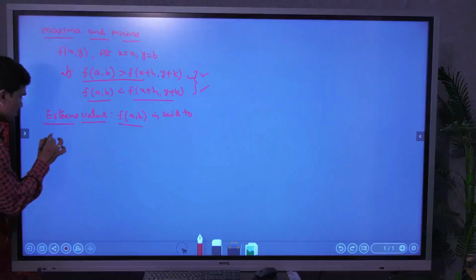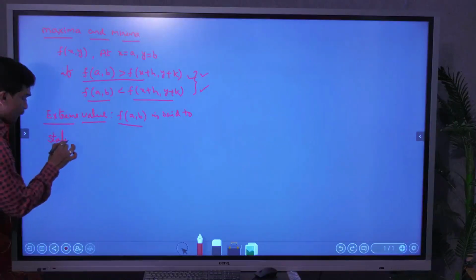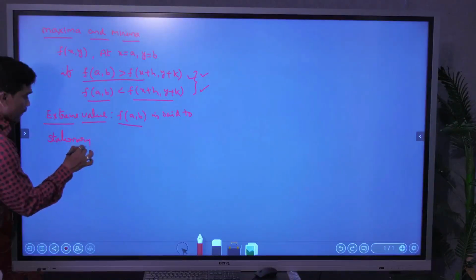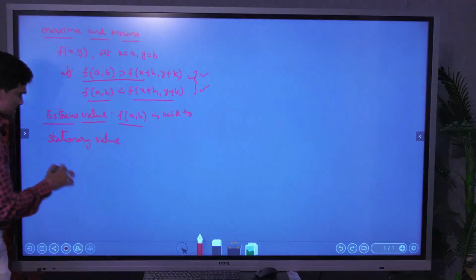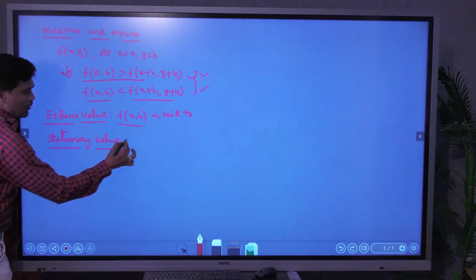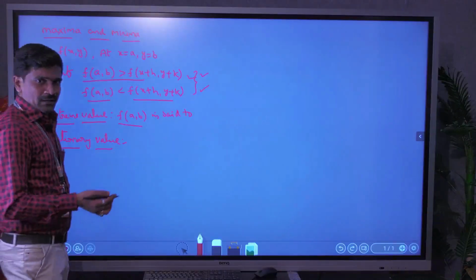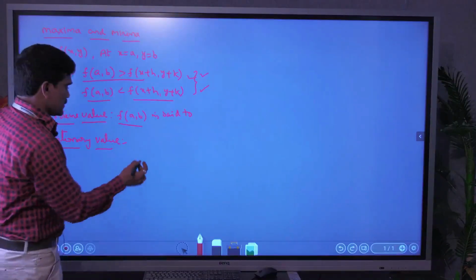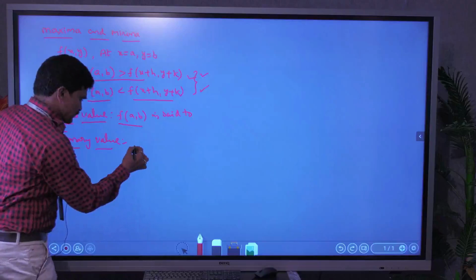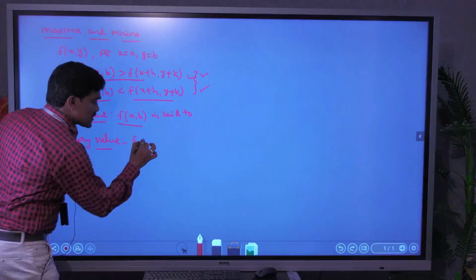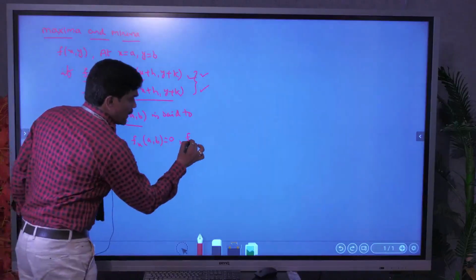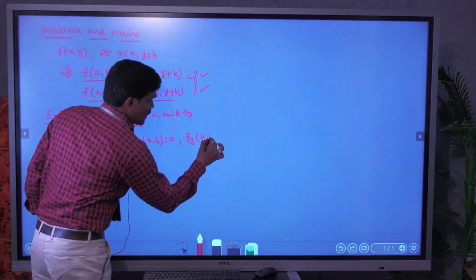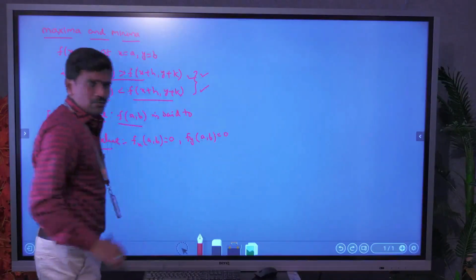Now the definition of stationary value. f(a, b) is said to be stationary if fx(a, b) is equal to 0 and fy(a, b) is equal to 0.